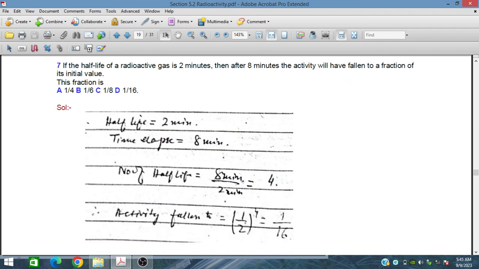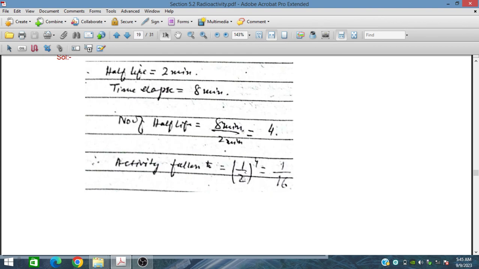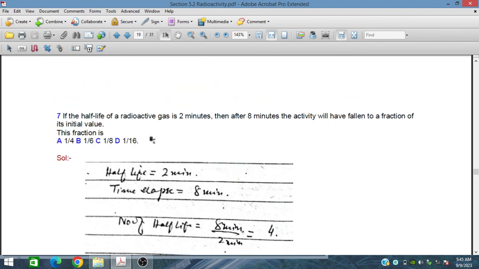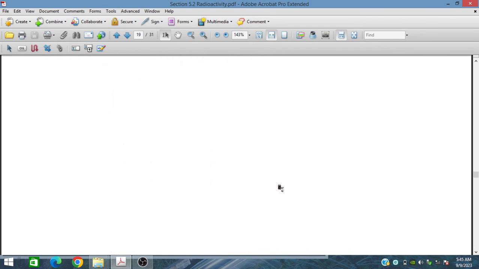The number of half-lives from 8 minutes to 2 minutes is 4, so 4 half-lives have passed. The fraction will reduce to 1 over 2 to the power 4, so 1 over 16. So this part D is correct.